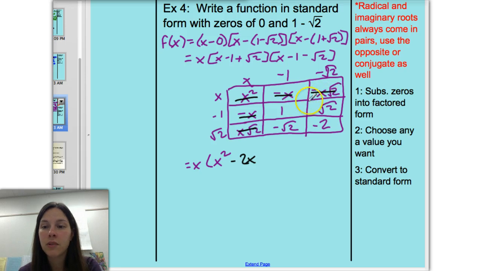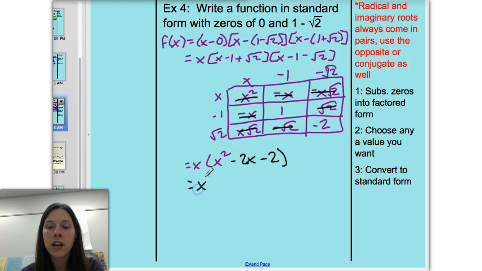I don't have that mess in my final answer. And same thing here. My negative square root of 2 cancels with my positive square root of 2. So I have 1 minus 2. That should always happen. If you've got radicals or imaginary numbers, they shouldn't be in your final polynomial when you put it into standard form. And finally, I'm going to go ahead and distribute my x. We get x cubed minus 2x squared minus 2x.